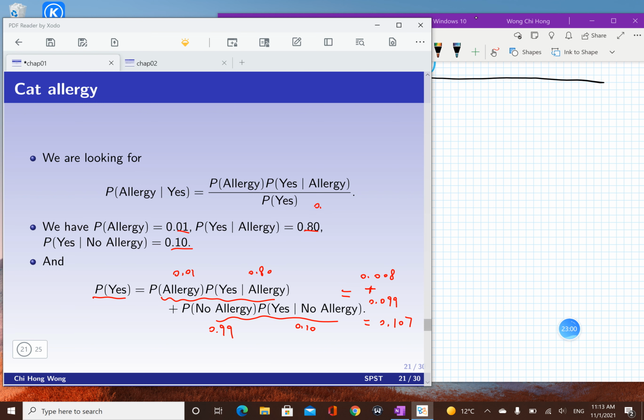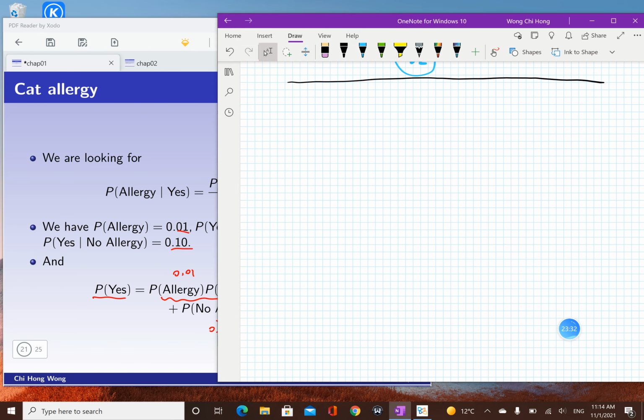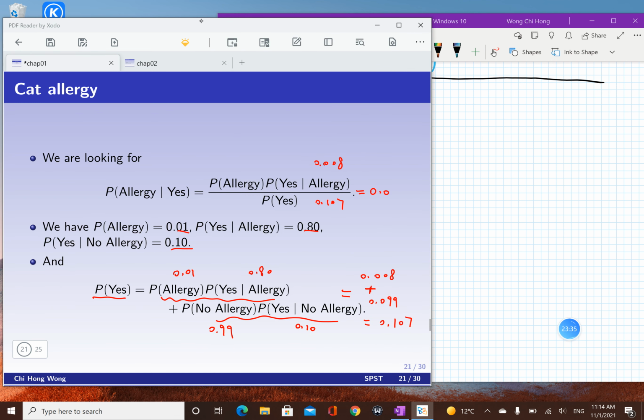This is 0.107 on the bottom line, but on the top line, you've only got 0.008, something like that. And my calculator tells me that this gives me 0.075, something like this.